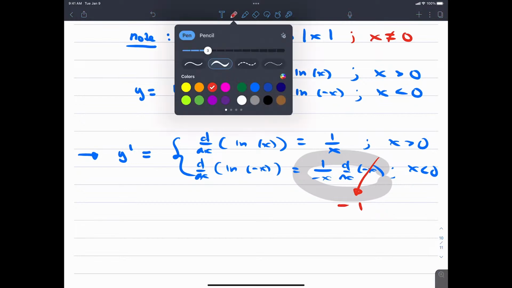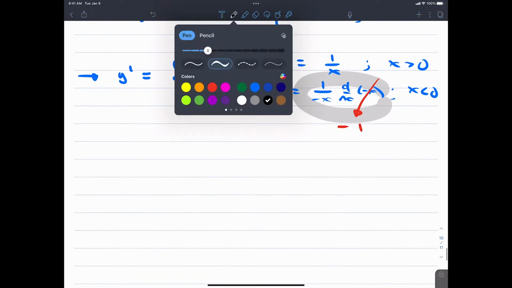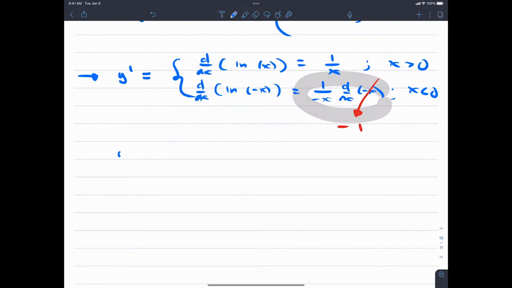So the moral of the story is this: y prime is, again, piecewise. 1 over x when x is positive, and it's also, again, 1 over x when x is negative here, ladies and gentlemen.